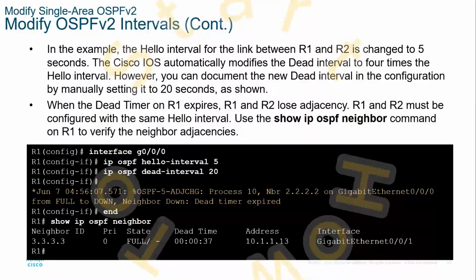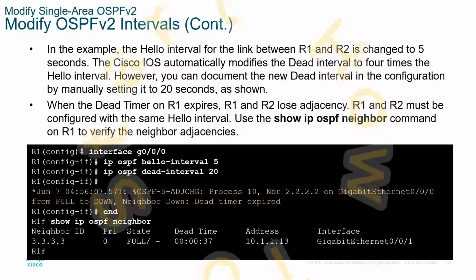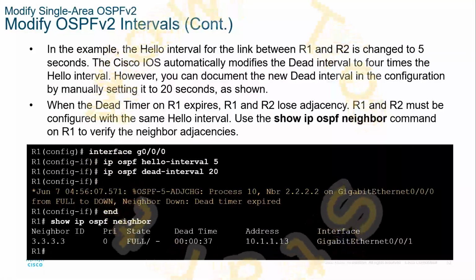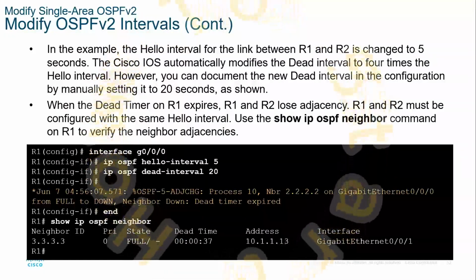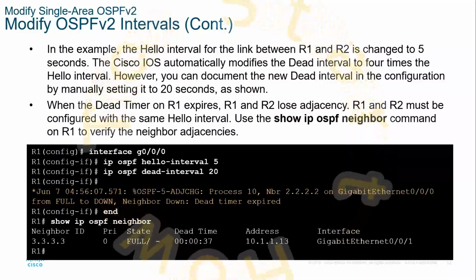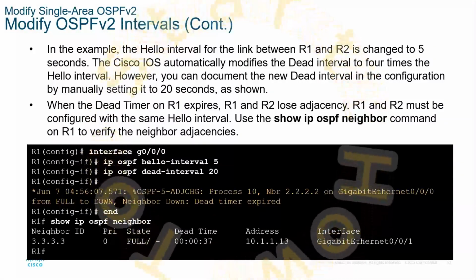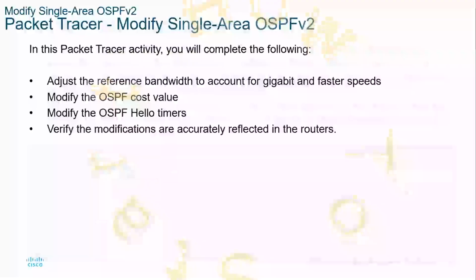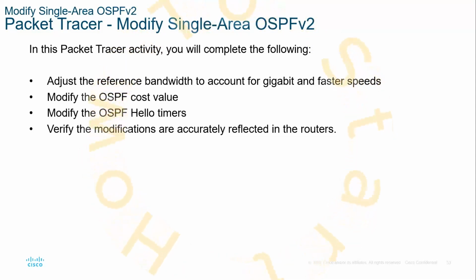In this example, we've modified them to 5 seconds and 20 seconds. And again, the dead timer has to expire in order for the routes to be classified as dead. We have a Packet Tracer lab modifying these values to verify retention of that information.